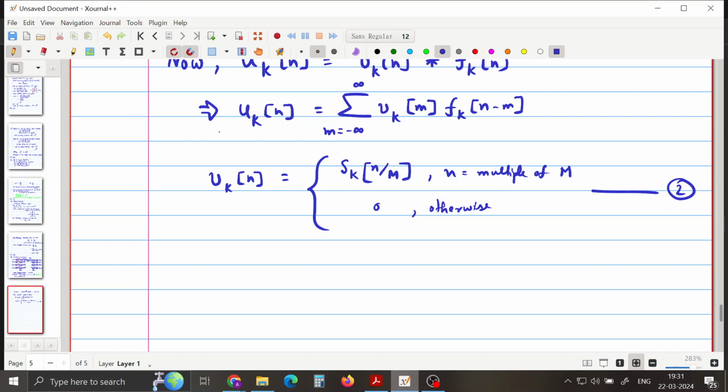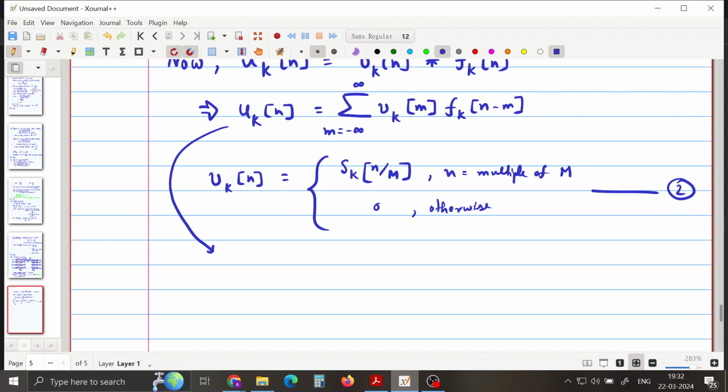Now I further try to simplify the previous equation, the convolution equation that I wrote, summation m running from minus infinity to infinity Vk of m Fk of n minus m. What is the form of Vk of n? It is Sk of n by M whenever n is a multiple of M, and it is 0 otherwise.